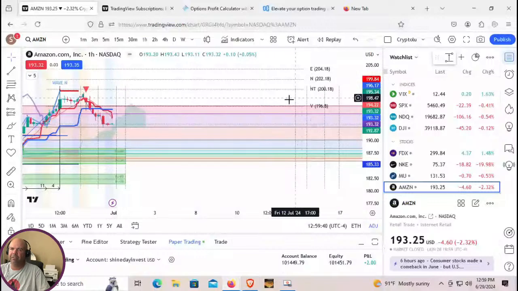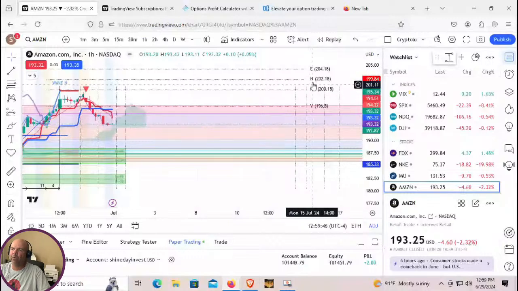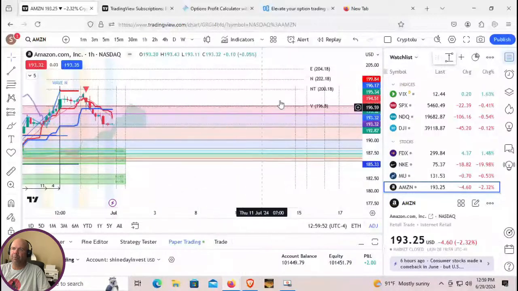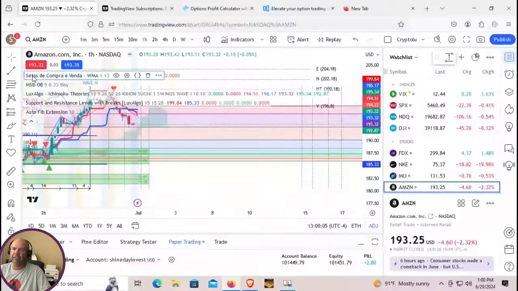I'm still trying to figure that out, watching videos on YouTube, and someone explained and tried to see in the code what E, N, NET, and V mean. At this moment, it looks like NET is the resistance, the 200. On the 1 hour chart, the price is still a little bit above the cloud. That's the Ichimoku indicator.